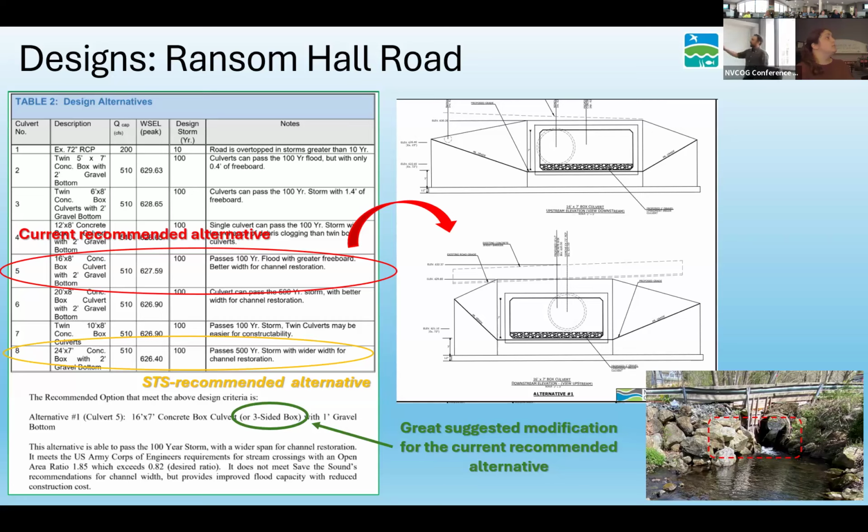This shows the current recommended alternative, that improvement in size and span with substrate in the bottom, whereas here it has none. And then, again, just roughed in here to show what that would look like on the ground relative to the current condition.